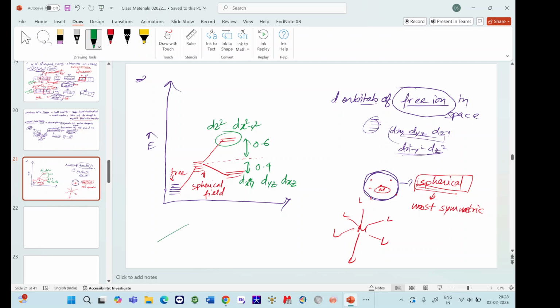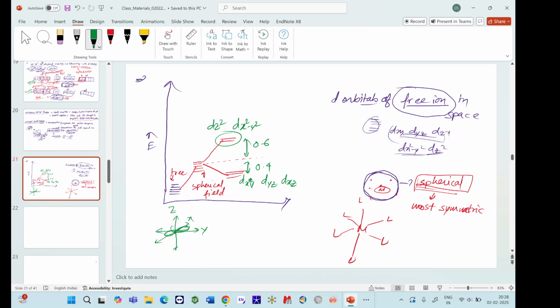Suppose I have the axes y, z, and x. dxy will fit somewhere in between the axes. dxy, dyz, dzx are all in between the axes.